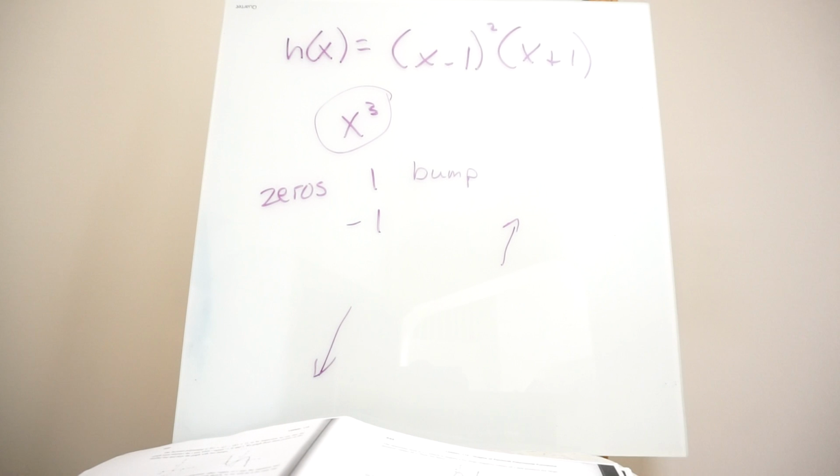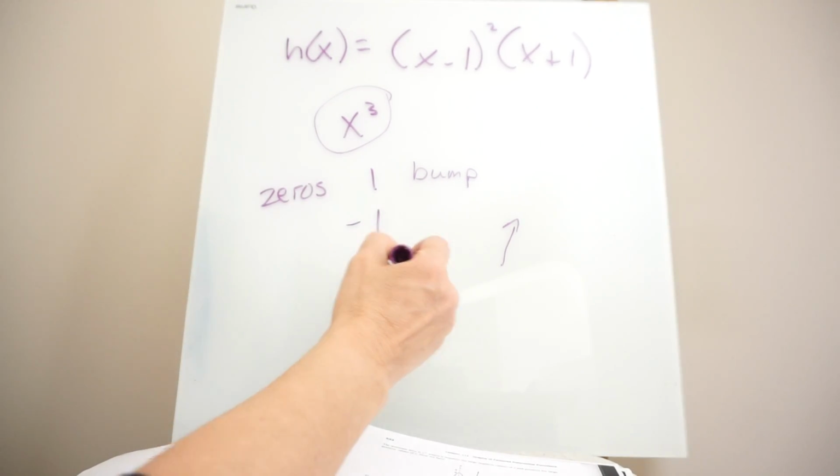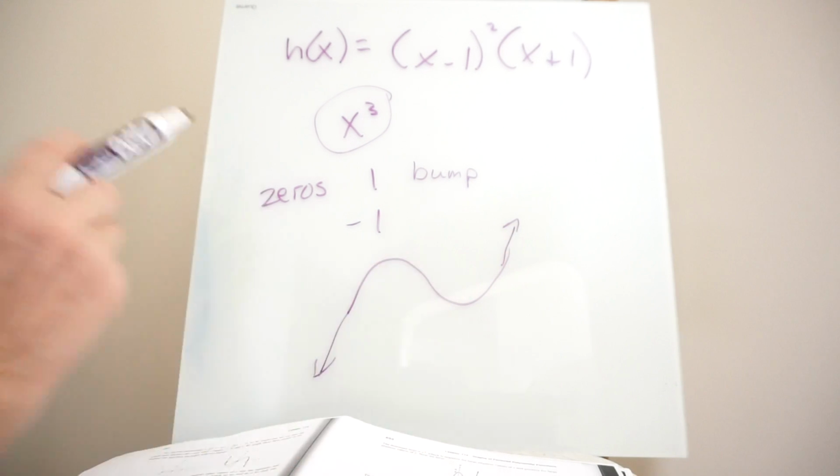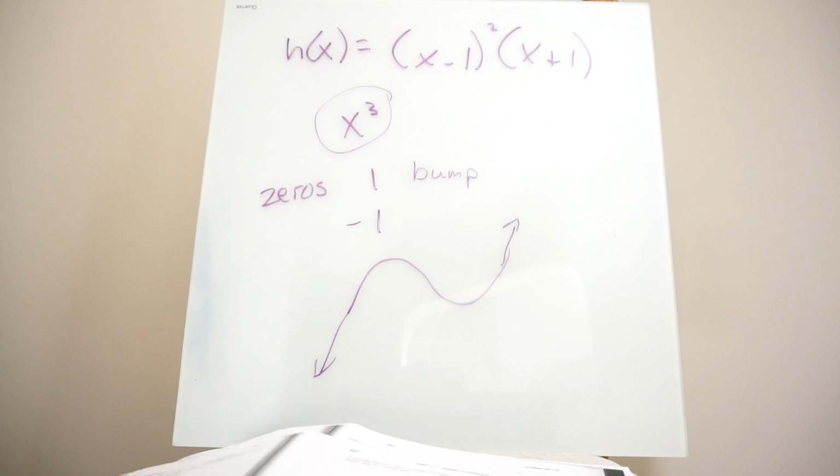So we need the graph that for negative numbers goes negatively and for the positive numbers goes positively. So that would be graph B. And so that's the answer. I hope that helped tie it all together.